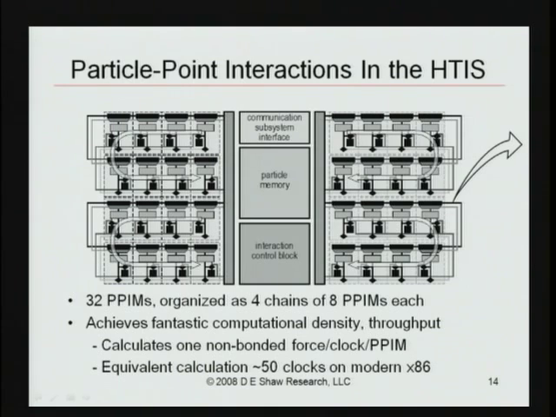Within the HTIS, it manipulates them into pairs, performs the force calculation, and then sums up the forces that apply to each particle, so that what comes out is forces on a per particle basis, not on a per pair basis. This is really critical, because without it, we'd have a completely unmanageable bandwidth requirement.